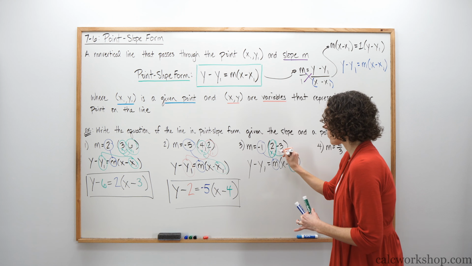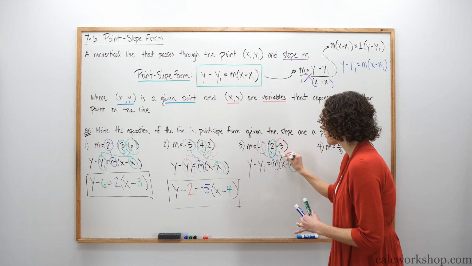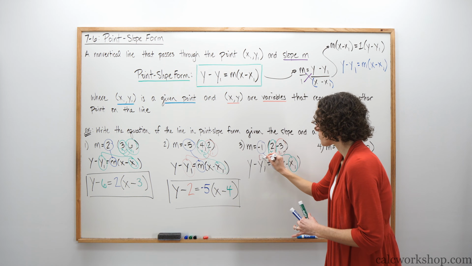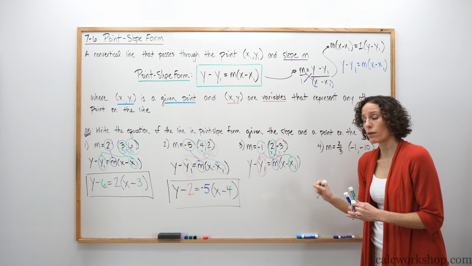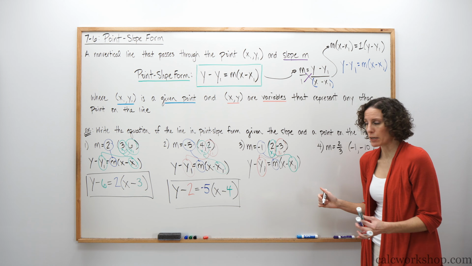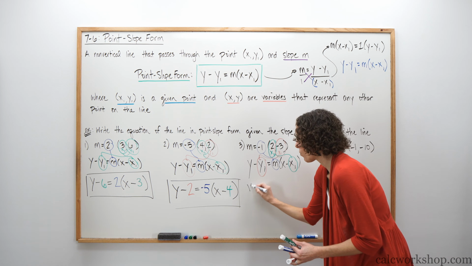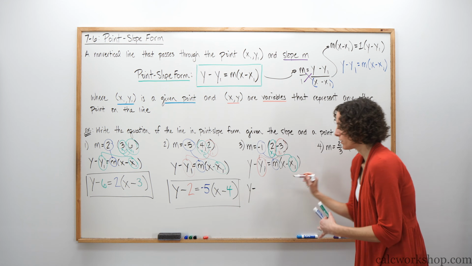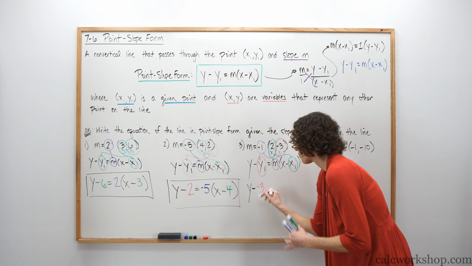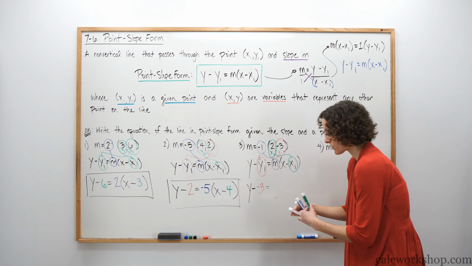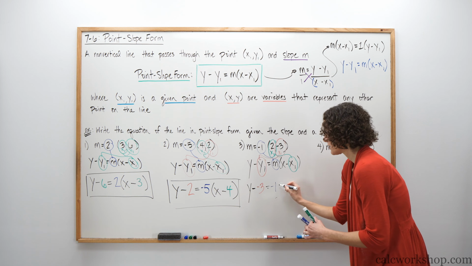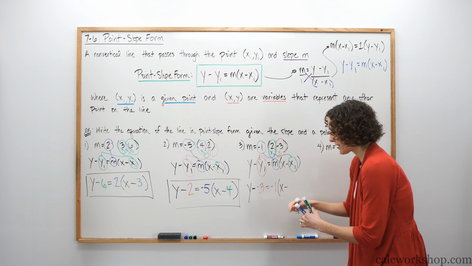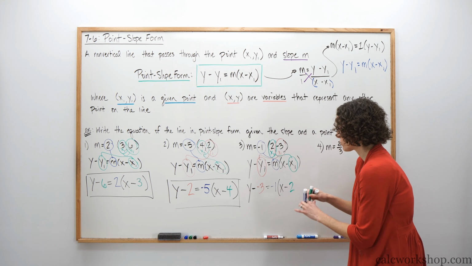And y1 is the value of -3, and we make that substitution. We're only replacing those specific variables that we see in the formula. So we have y minus -3 equals -1 times the quantity x minus 2.